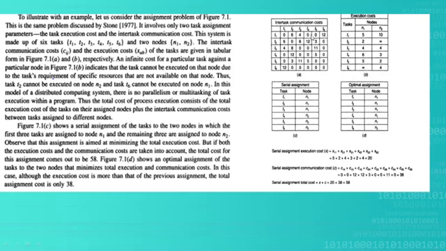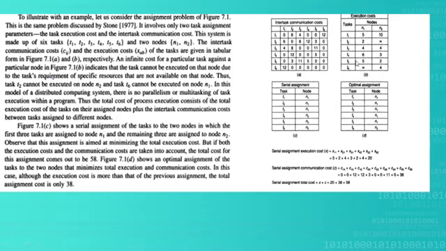See here, execution cost means if you execute this particular task T1 on node N1, it costs, for example, 5. If you execute that task on node N2, it costs 10 rupees. This algorithm aims to minimize the cost. So the T1 task is assigned to N1. This is called serial assignment.